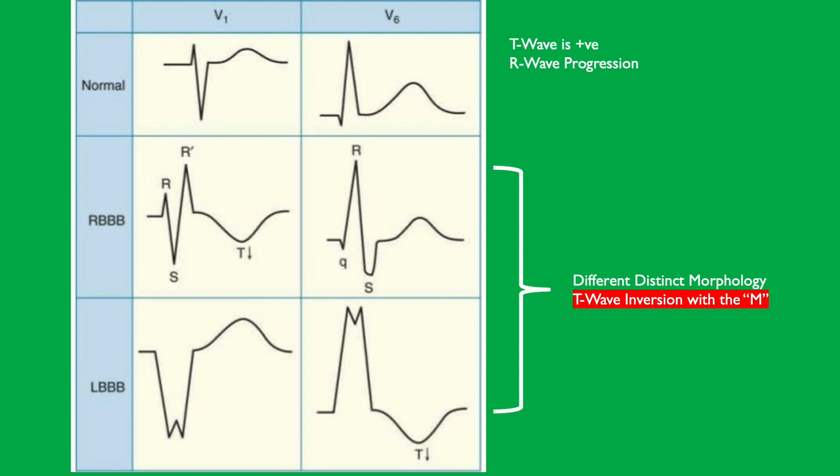Left bundle branch block, go to the M, it doesn't cross the baseline. The only one is called R, with T-wave inversion, okay? Then here, this is the M on V1, T-wave inversion, and it changes, so you have different letters. So if it changes side and has T-wave inversion on V1, it's a right bundle branch block. If the M doesn't change side and has T-wave inversion on V6, it's a left bundle branch block.